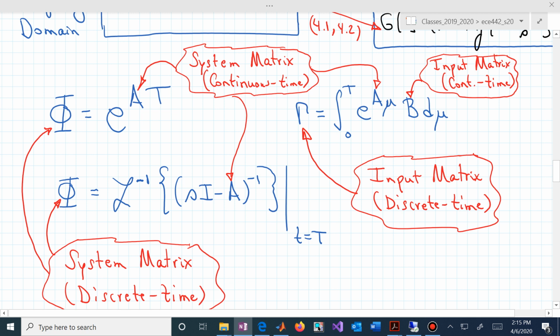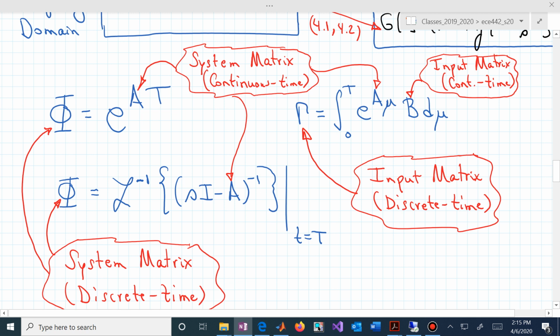That would then be a matrix that's a function of time, little t. You could replace that with the sample period, capital T, to obtain the system matrix capital Phi for the discrete time system.